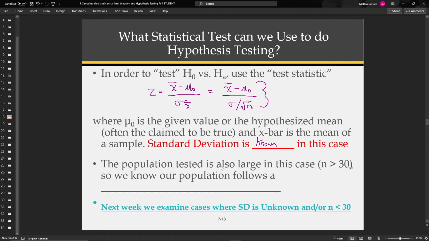The population tested is also large, greater than 30, so we know our population follows a normal distribution. Remember, that's what I was talking about before, that once you start having a sufficiently big sample size, then you can start to be more and more sure that you have a normal distribution. So next week we'll be looking at these cases where we don't know the standard deviation.